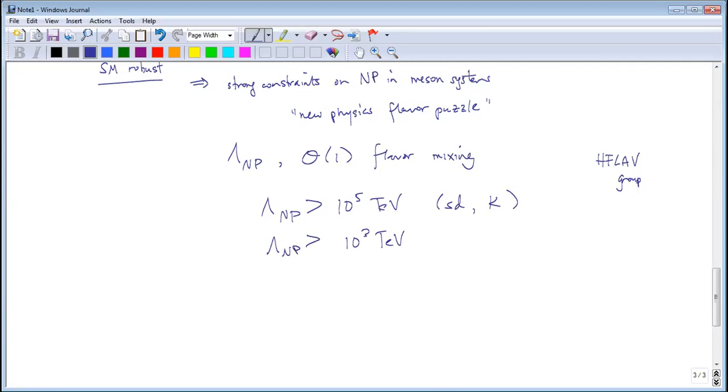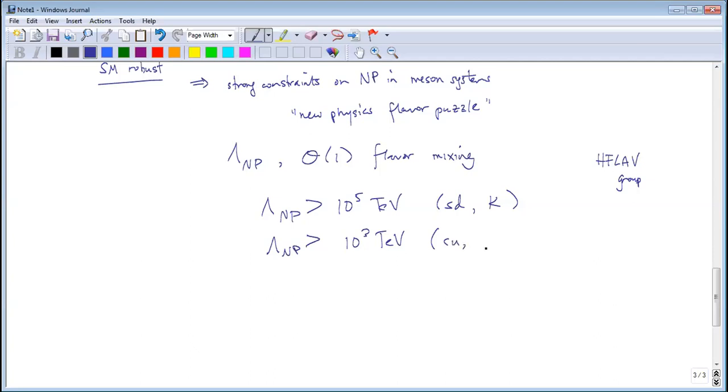Okay, so just to be sure we interpret this with some understanding that this does not mean every single new physics operator has this scale. It means that you look at all of them that could happen if you allow not only left-handed currents, but also right-handed currents, and all sorts of other types of interactions and Lorentz structures, etc. Then you're going to get these types of limits for whatever the strongest ones are.